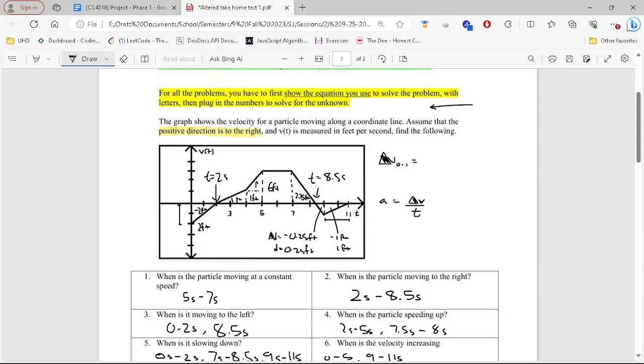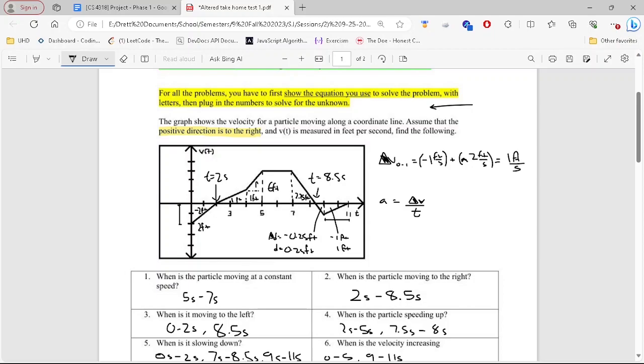The change in velocity will be final, which is going to be negative 1 feet per second, minus the initial, which is negative 2 feet per second. So negative 1 plus 2 is going to be positive 1 feet per second.